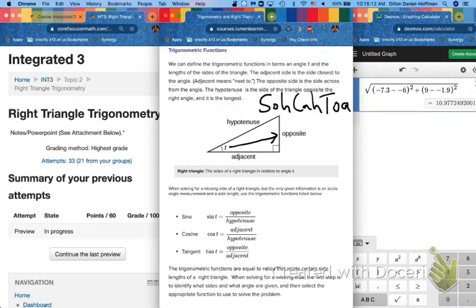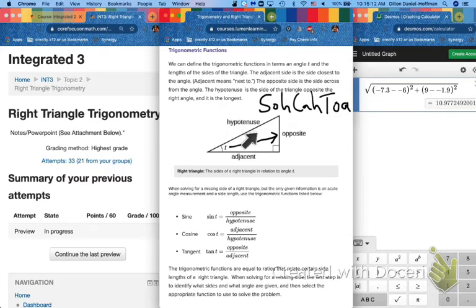Look exactly how I wrote this with a capital S, a capital C, and a capital T. And it stands for exactly what you can see below. Sine is opposite over hypotenuse. Cosine is adjacent over hypotenuse. And tangent is opposite over adjacent. So SOHCAHTOA, we'll use that throughout our problems today.